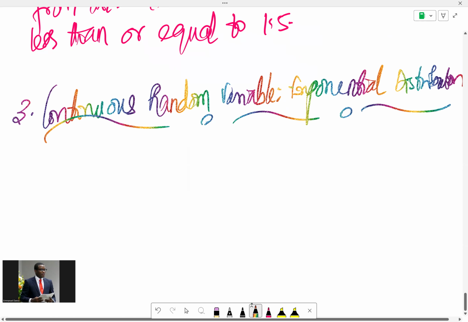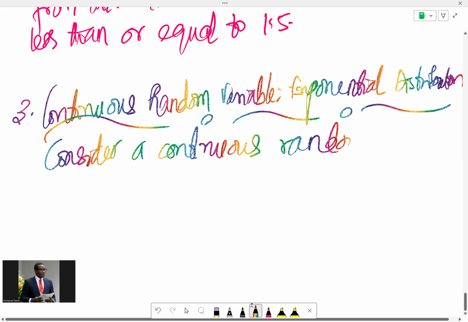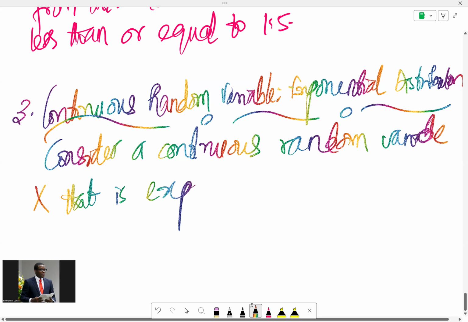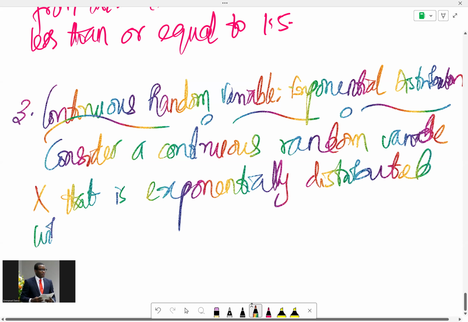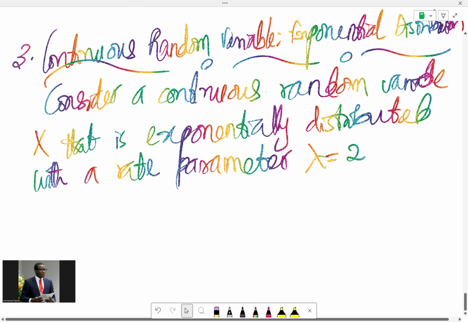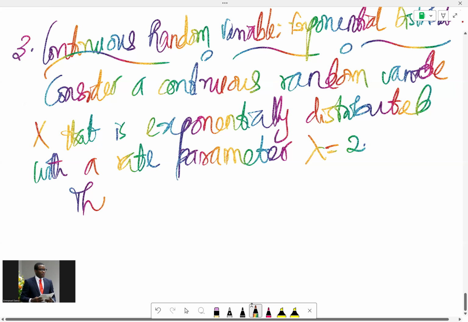So for the exponential distribution, consider a continuous random variable x that is exponentially distributed with a rate parameter lambda equals 2.